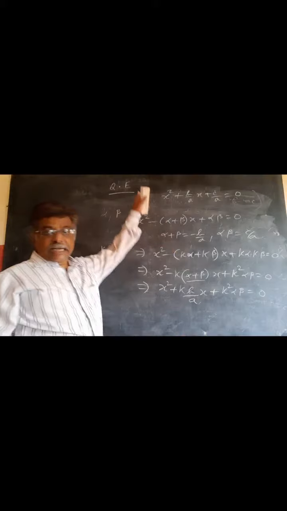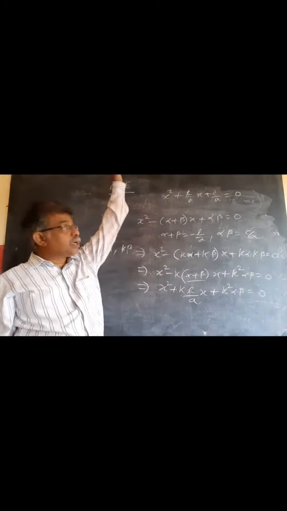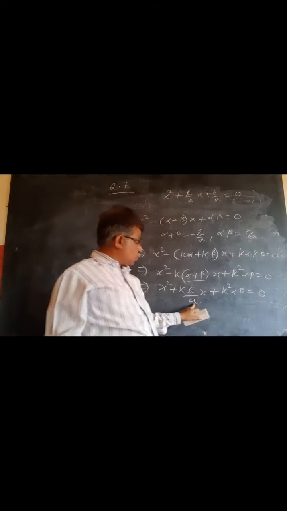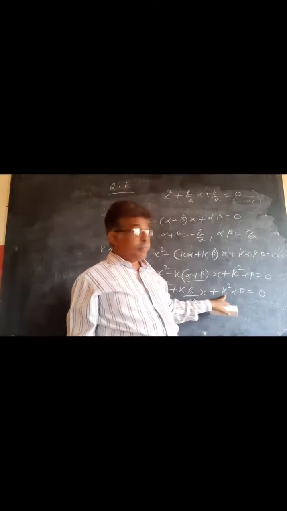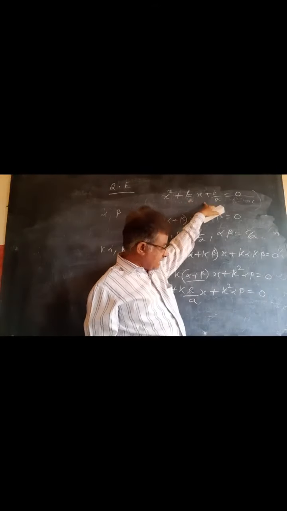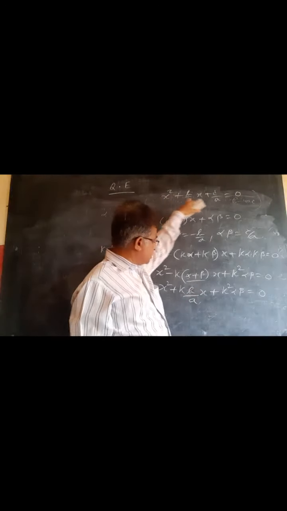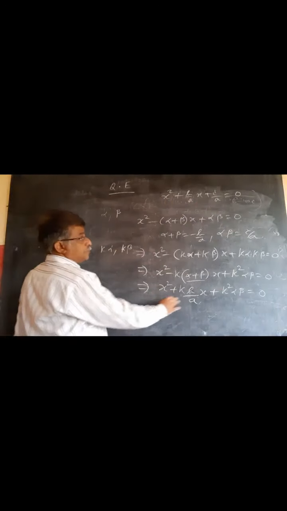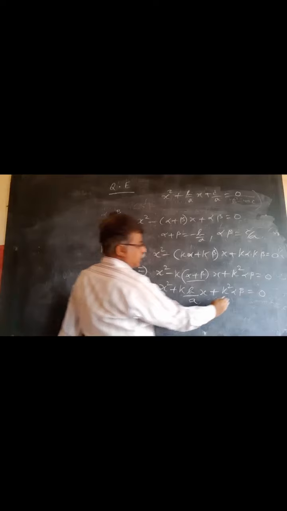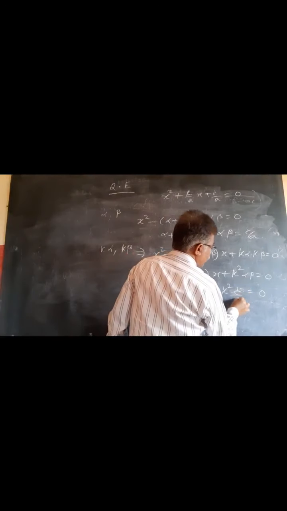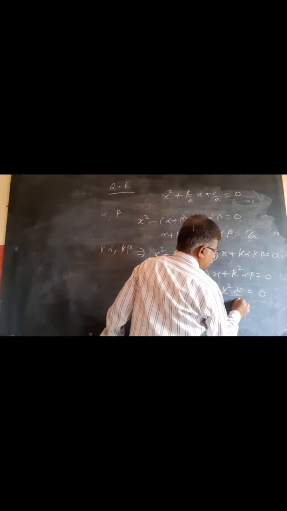So observe these two. Here k is extra. If I replace x with 1 by k, both are the same. The only difference is here I got k square. Got it or not?